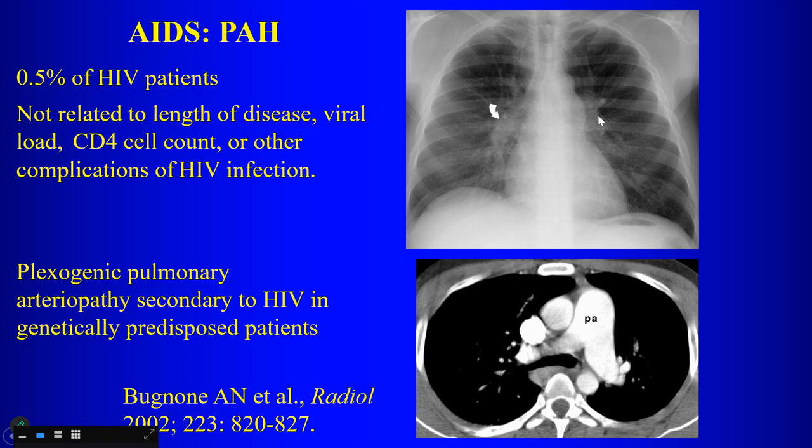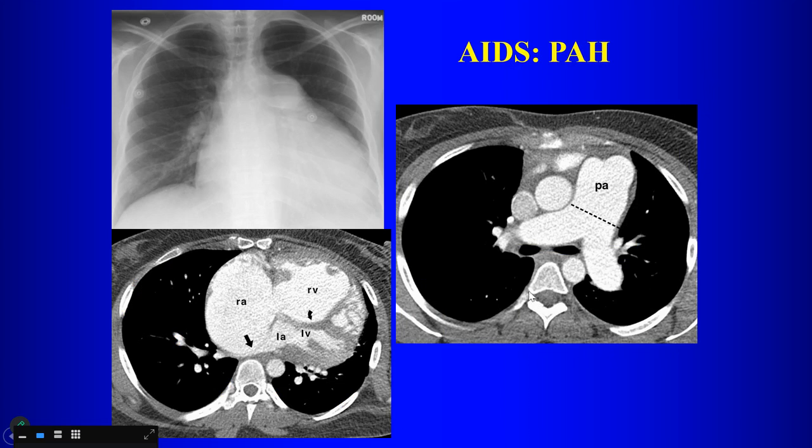An enlarged main pulmonary artery and large central pulmonary arteries in patients who are HIV positive, we can consider pulmonary artery hypertension. And so the findings: big main pulmonary artery, big right and left, enlargement of the right ventricle, right atrium, right ventricular hypertrophy, all of these are the findings associated with pulmonary artery hypertension.